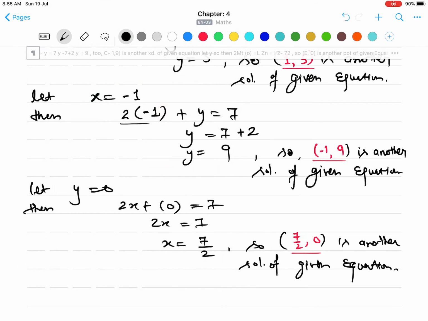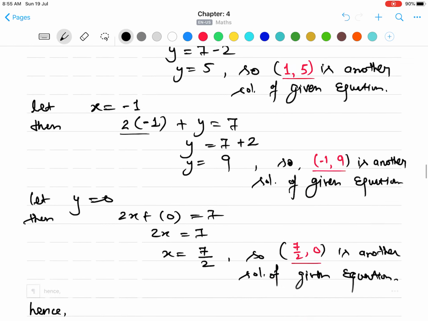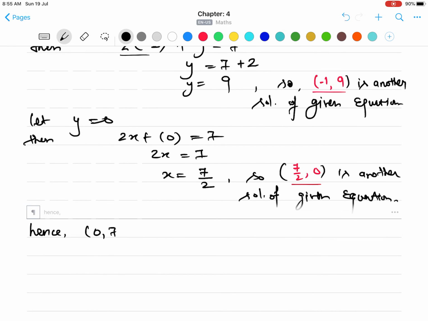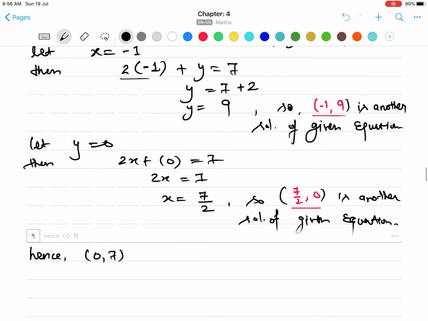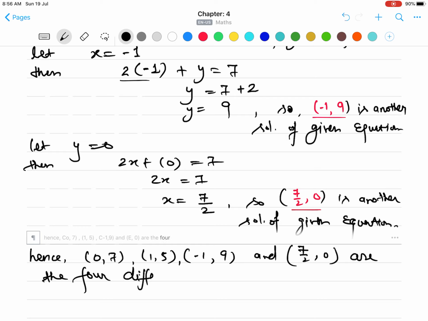So in the end we will write, hence, first one is 0, 7, then we have 1, 5, minus 1 and 9, and 7 by 2 and 0 are the 4 different solutions for given equation.